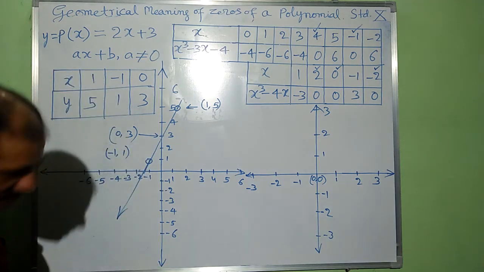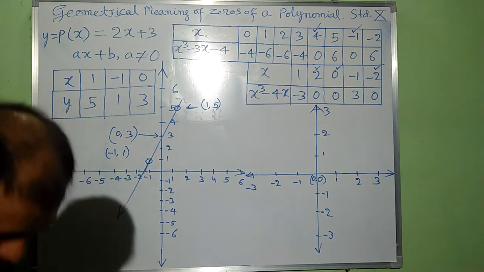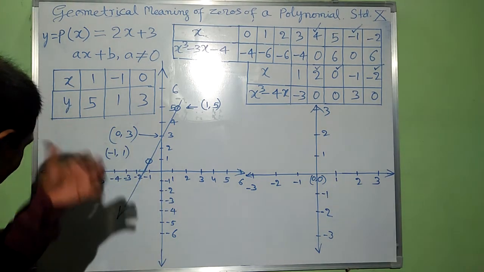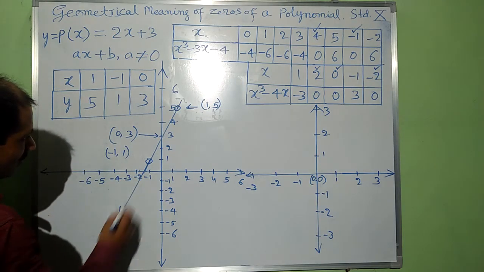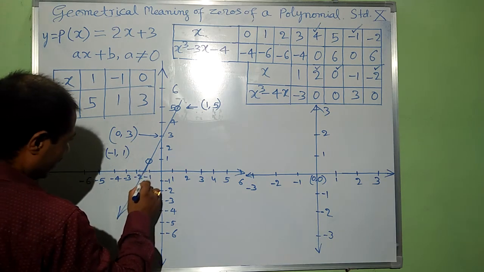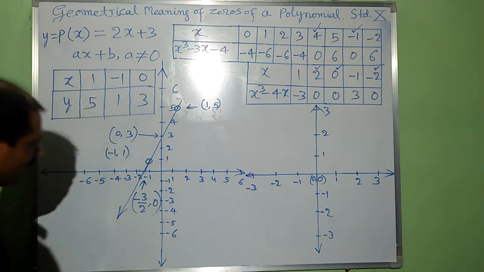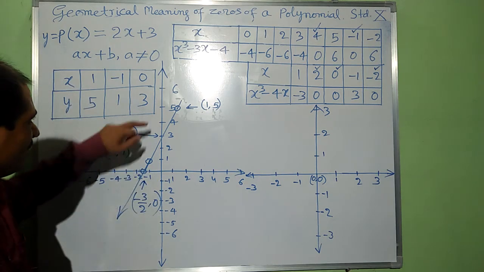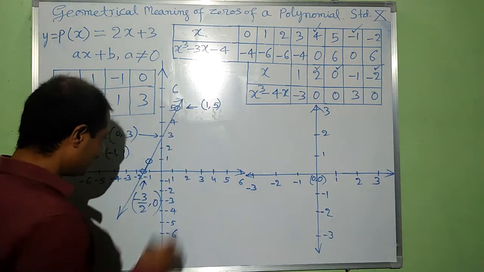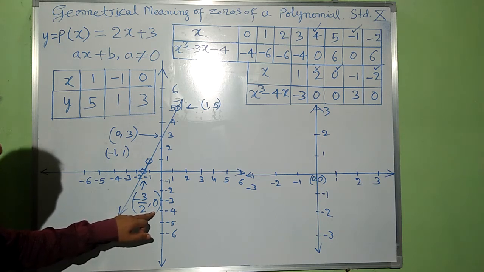This graph crosses the x-axis. It intersects the x-axis between minus 1 and minus 2. This point is (minus 3 by 2, 0). The coordinate of the intersecting point of this graph and the x-axis is minus 3 by 2 and 0: minus 3 by 2 is the x coordinate and 0 is the y coordinate.